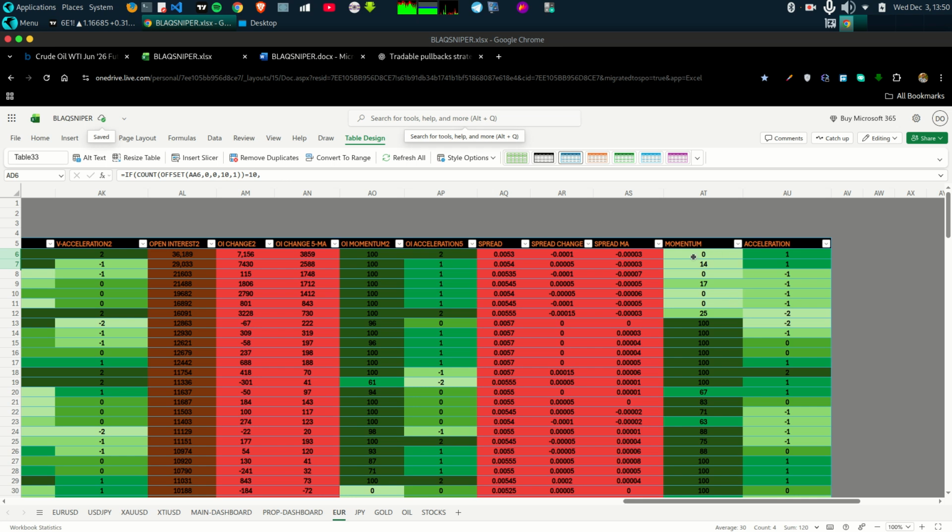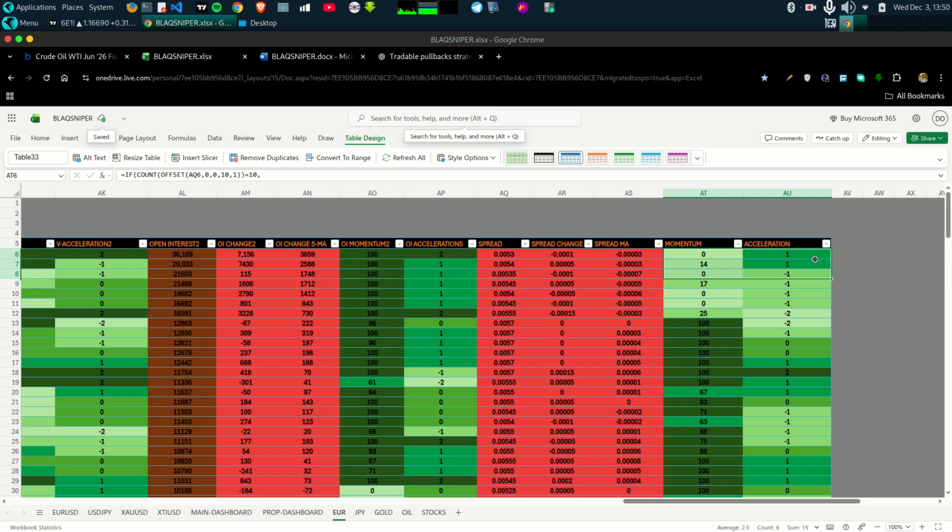So looking at term structure for the last 3 days, what we are seeing here is a flattening contango, which is a bullish expectation, by the way. And now looking at the acceleration part of it, we are seeing some strength.